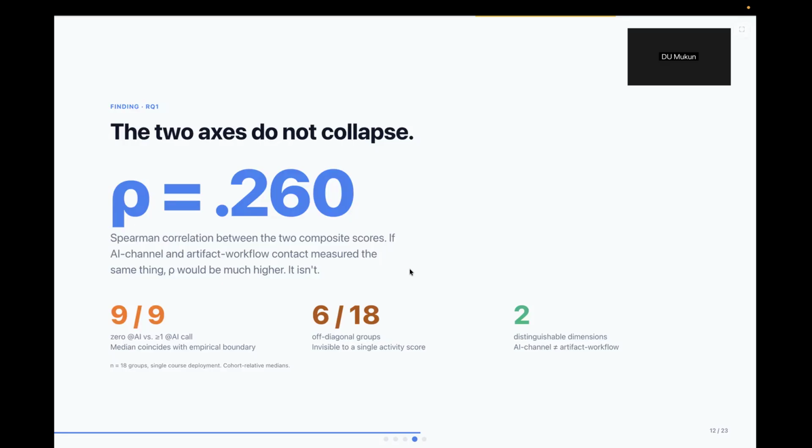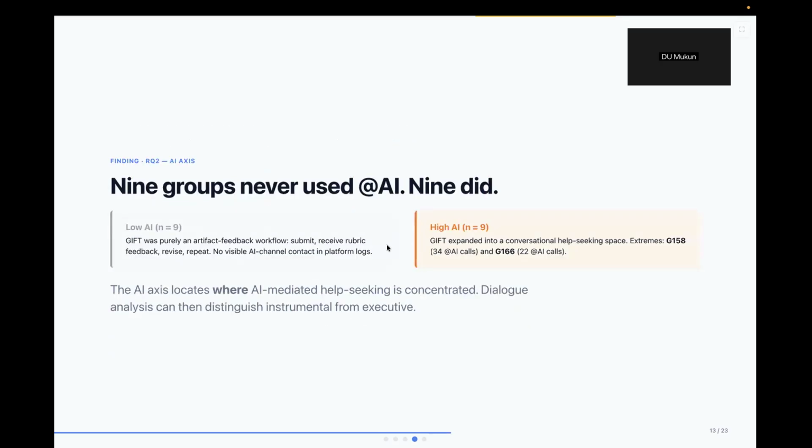And the last one is we found these two distinguishable dimensions using the Spearman correlation. We found that these two are two ways of using the platform.